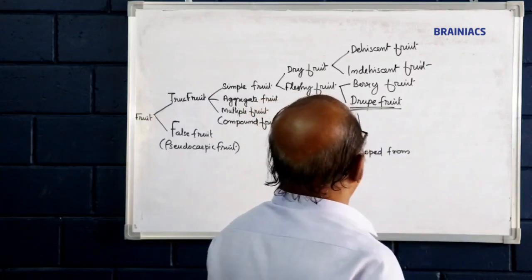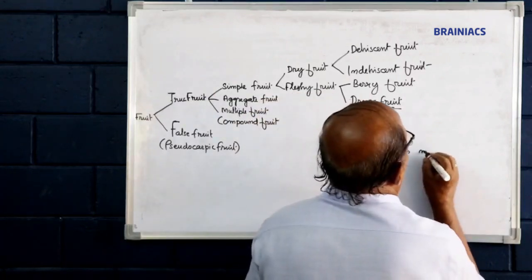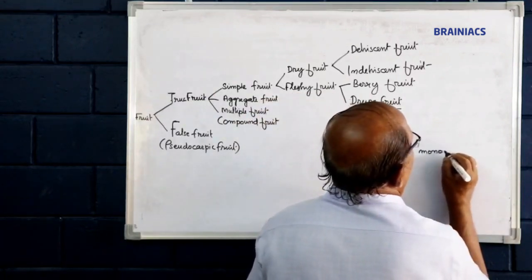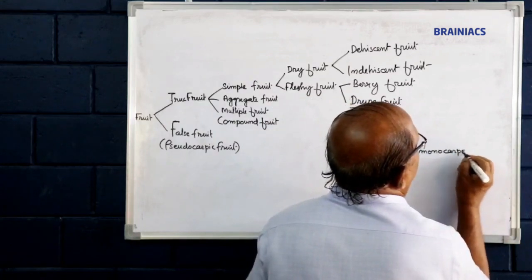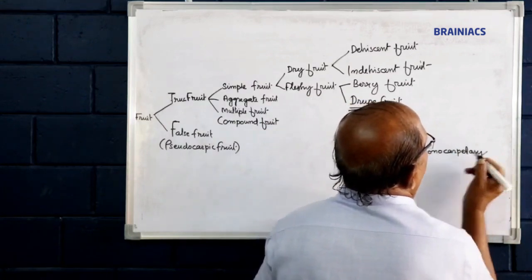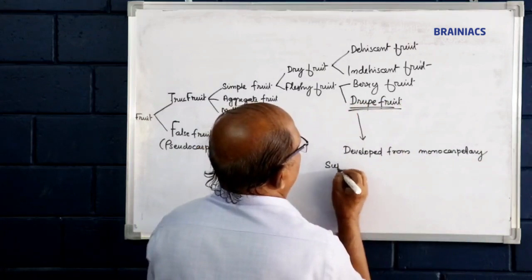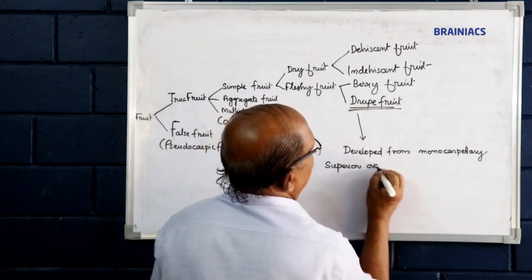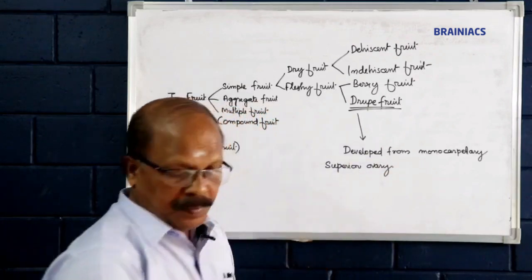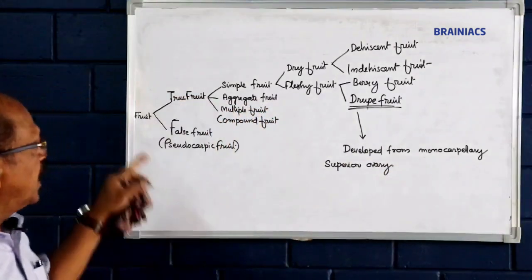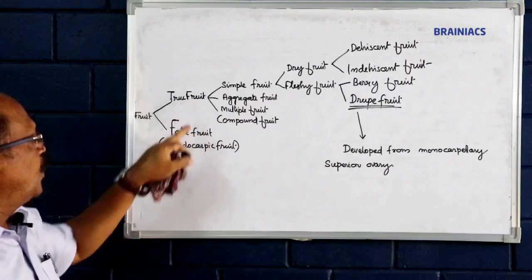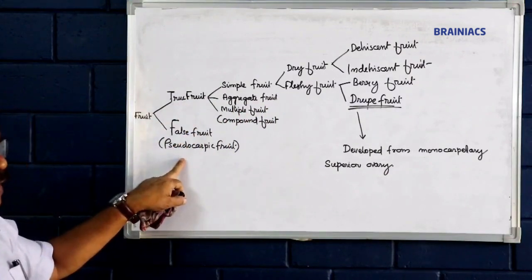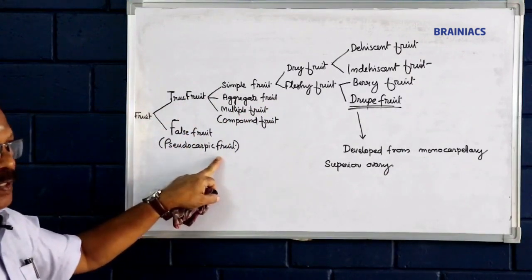True fruit is developed from monocarpellary superior ovary. Fruit is generally divisible into true fruit and false fruit, or pseudocarpic fruits.